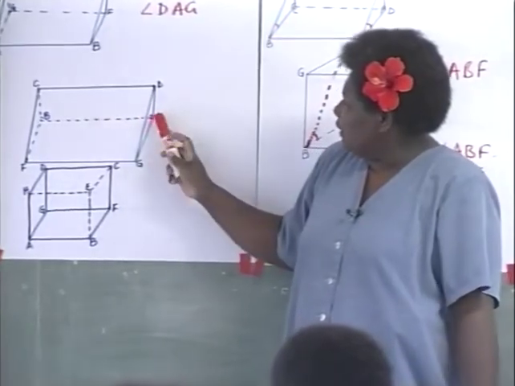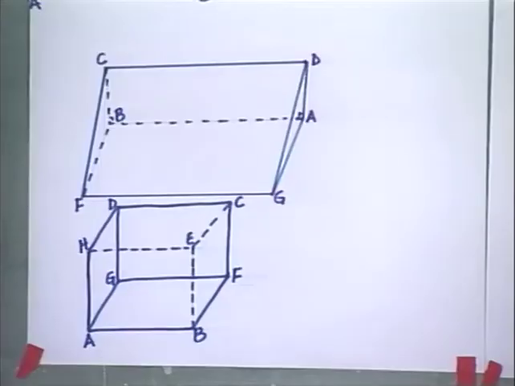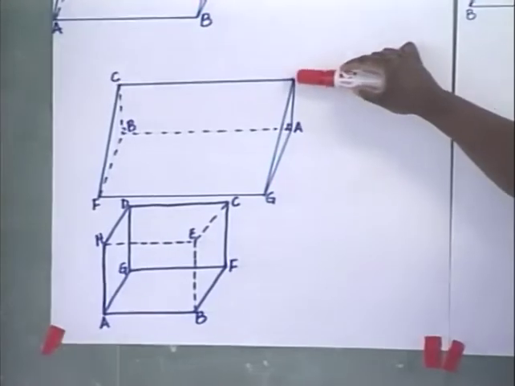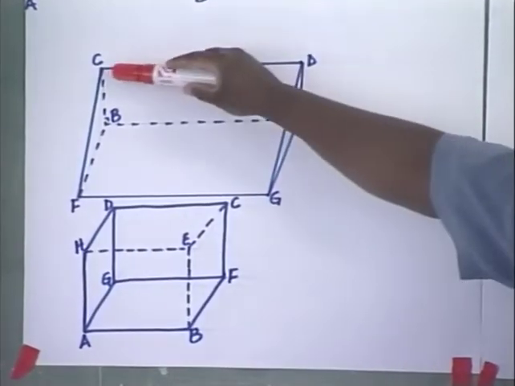We all agree that AB is the line of intersection, the common line. The two lines that are perpendicular to AB in the plane ABCD will be DA and CB.